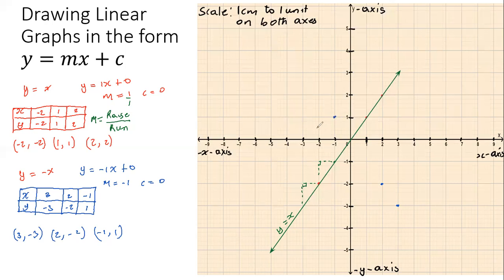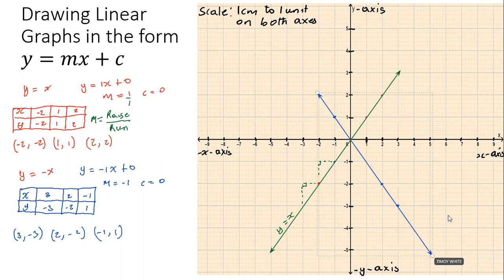All you need to do now is to take your ruler, line up the 3 points, and draw a straight line through those 3 points, like this. And that's it. But I'm going to adjust it so that you can see that this line passes through all 3 points.